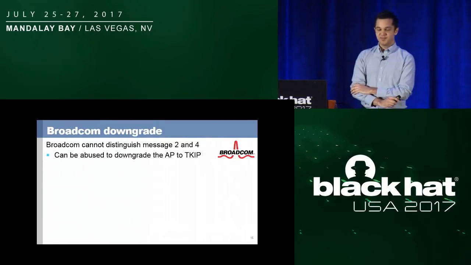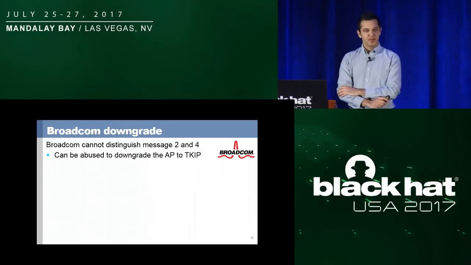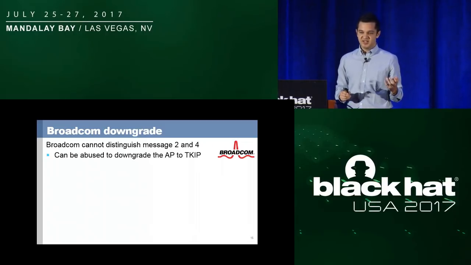The next attack is a downgrade attack against Broadcom. The vulnerability that we exploit here is that the Broadcom implementation basically cannot differentiate message 2 and 4 of the handshake. What do I mean with this?